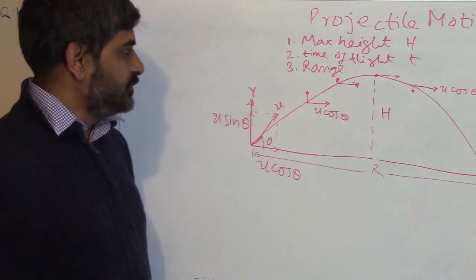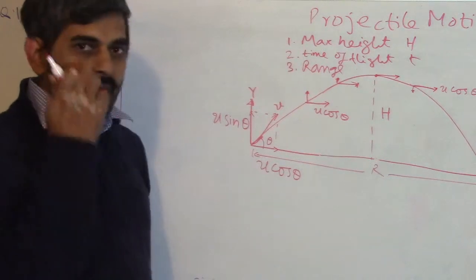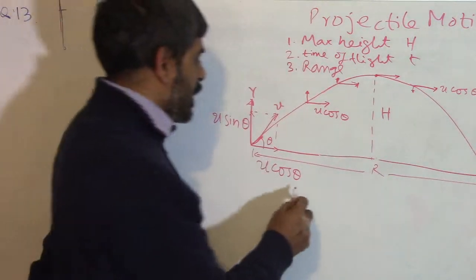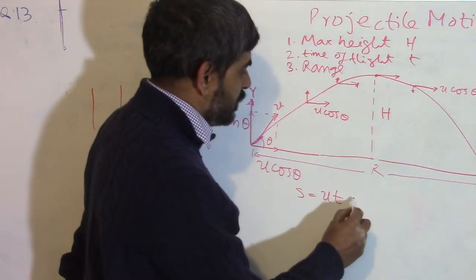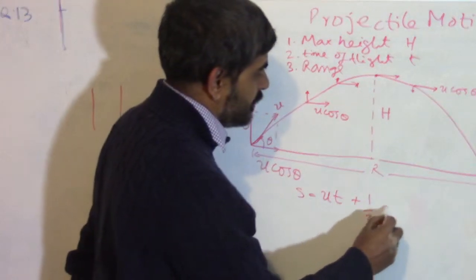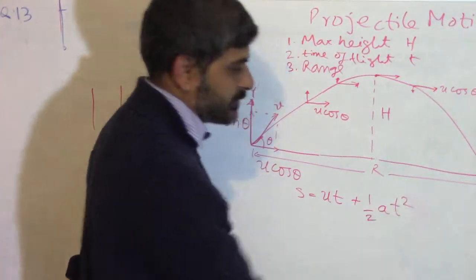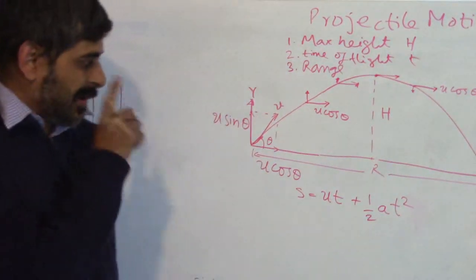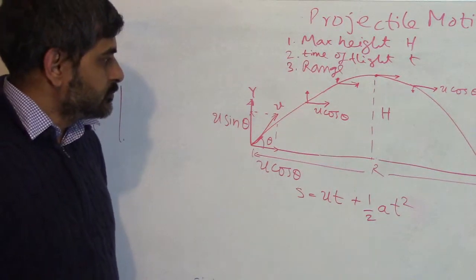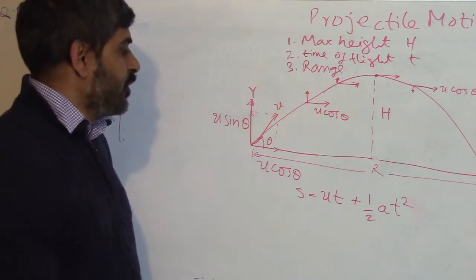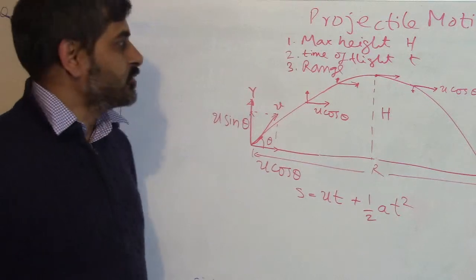In this one, we are using the formula S is equal to ut plus half at square. This is one formula; we will use the other formula also.